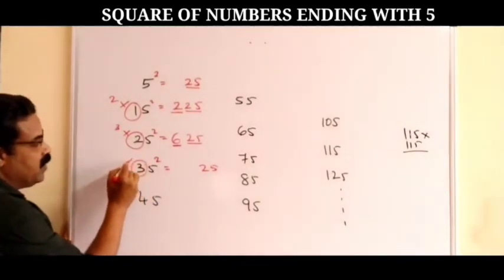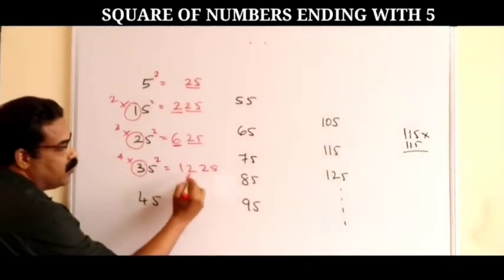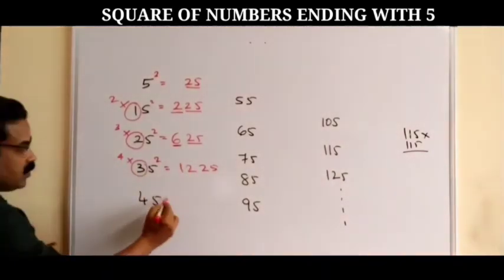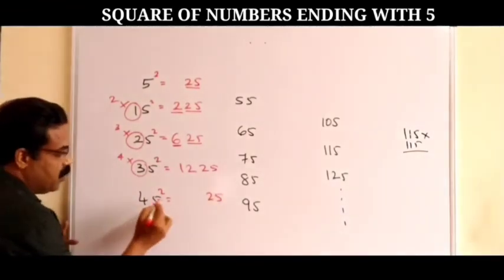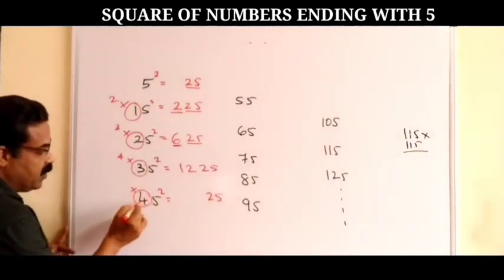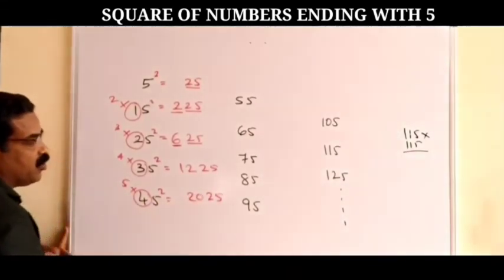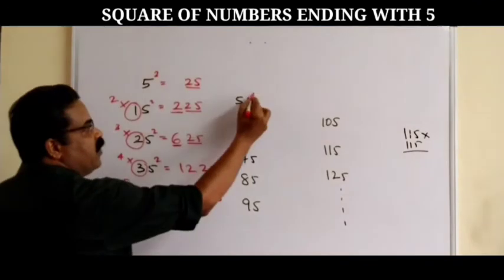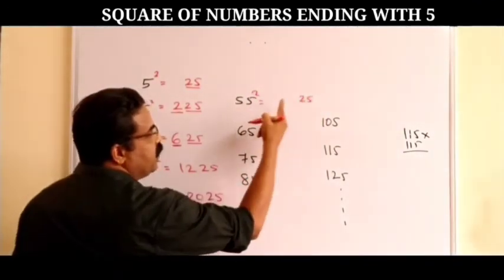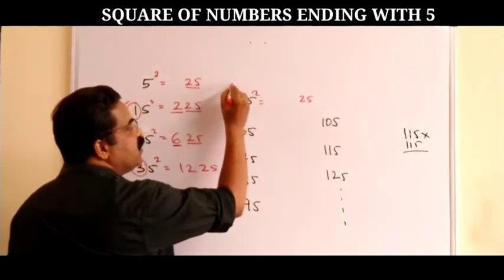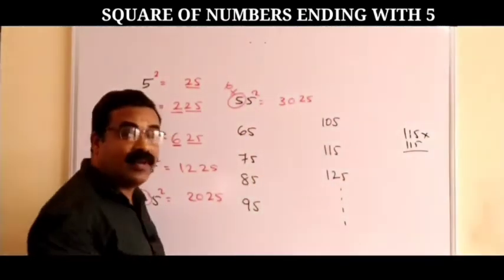Then 3 multiplied by the next number 4, 3 into 4, the answer is 12. For 45 square, 5 square is 25, 4 multiplied by its next number 5, 4 into 5 is 20, so 2025 is the answer. 55 square you need to find out. The last 2 digits are 25, 5 multiplied by its next number 6, 5 into 6 is 30. So 3025 is the answer.